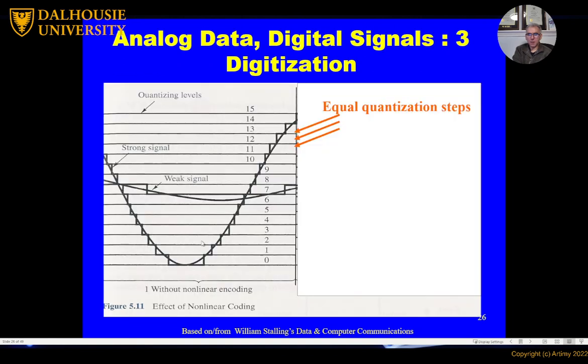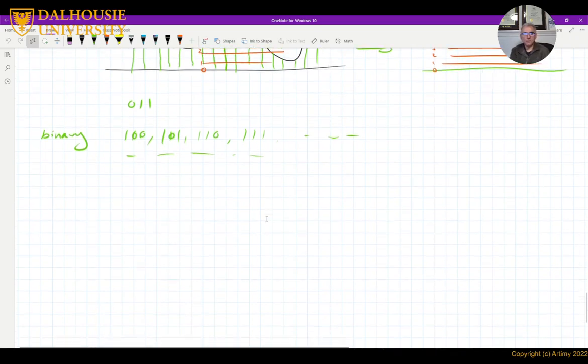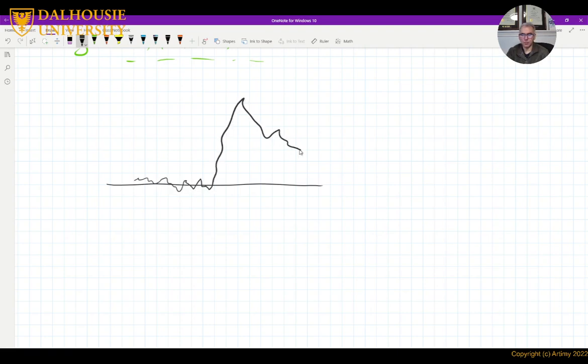Another thing that's maybe missing here is I can have a nonlinear quantization. Speech signals sometimes have a lot of details near the zero and not a lot of details at higher levels. So let's say this is, for example, a signal that represents a voice.